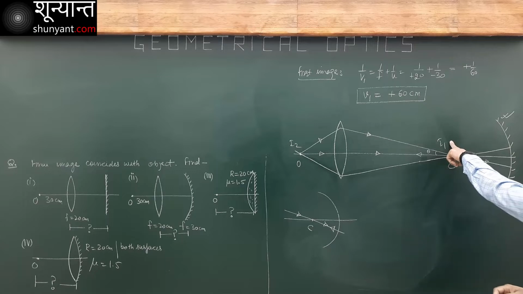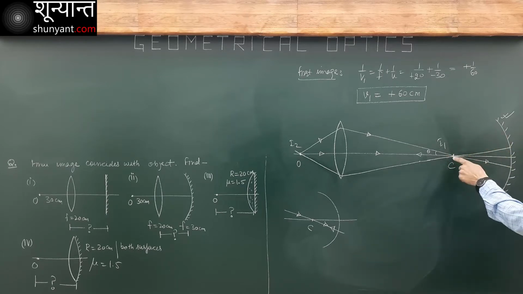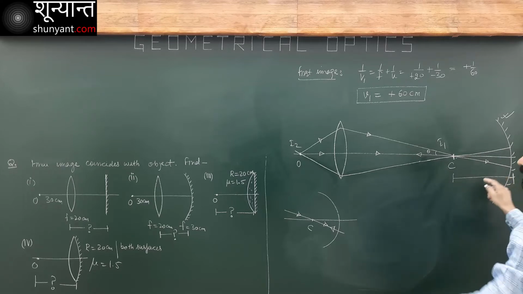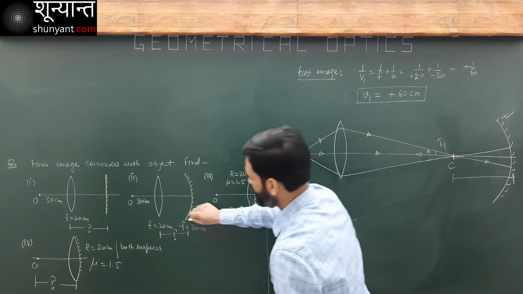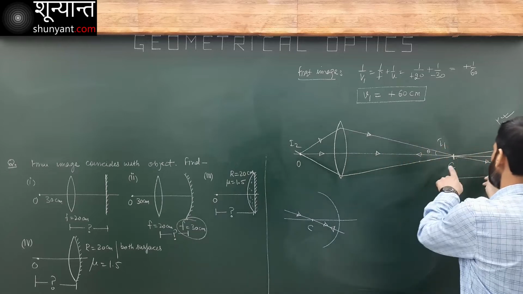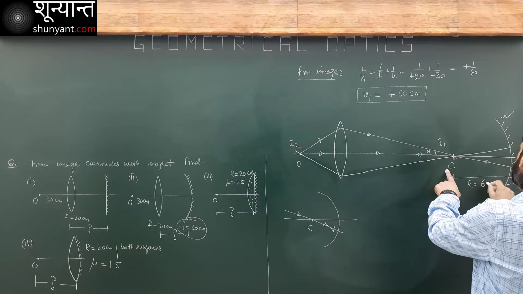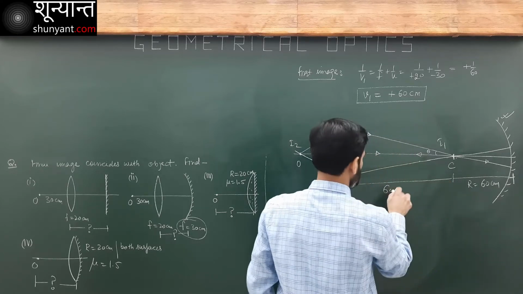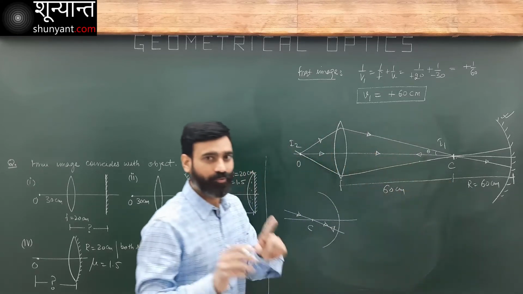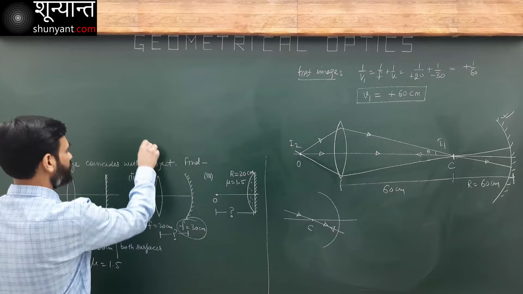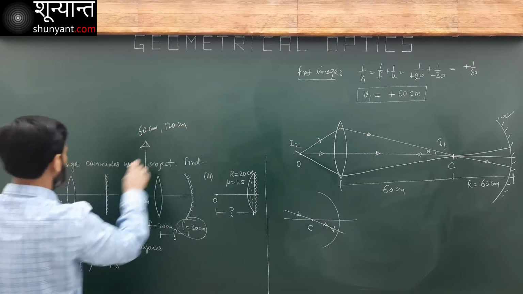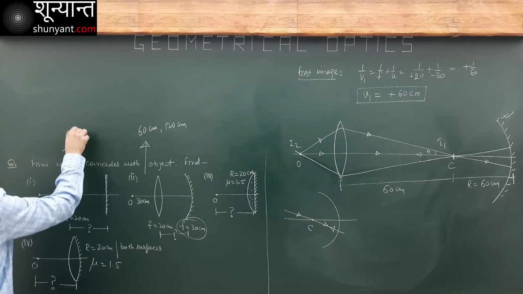I arrange my mirror such that this point becomes the center of this mirror. So the focal length is 30, and this radius is going to be equal to 60 centimeter. This is 60, this also is 60. So I have two answers: 60 centimeter and 120 centimeter. Answer for this is 60 centimeter.